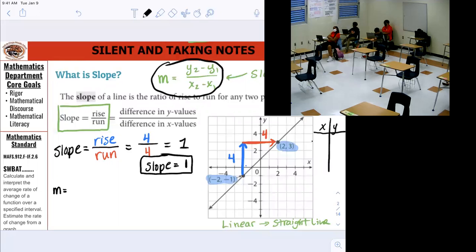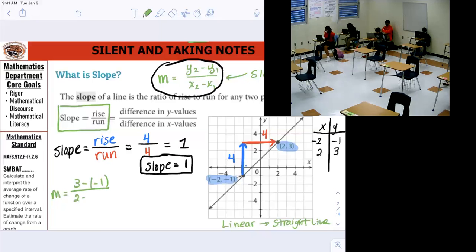So I know I have -2, -1, and I have 2, 3. Based on that table, what's my y2? 3, good. So I have 3 minus, what's my y1? -1. Negative 1. And then x2 is 2.